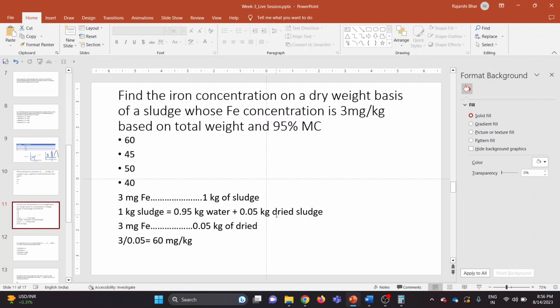To determine the iron concentration on a dry weight basis, this 3 milligram of iron is present in 0.05 kg of dried sludge. Just divide 3 by 0.05 and you will get the answer: 60 milligram per kg of dried sludge.